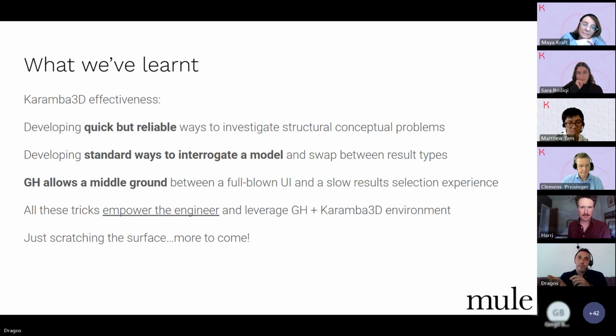So I forgot to show, but basically for the different outputs, I had 6 different beam view components prepared, and I was displaying it. So all these tricks empower the engineer and leverage this Grasshopper and Karamba3D environment.